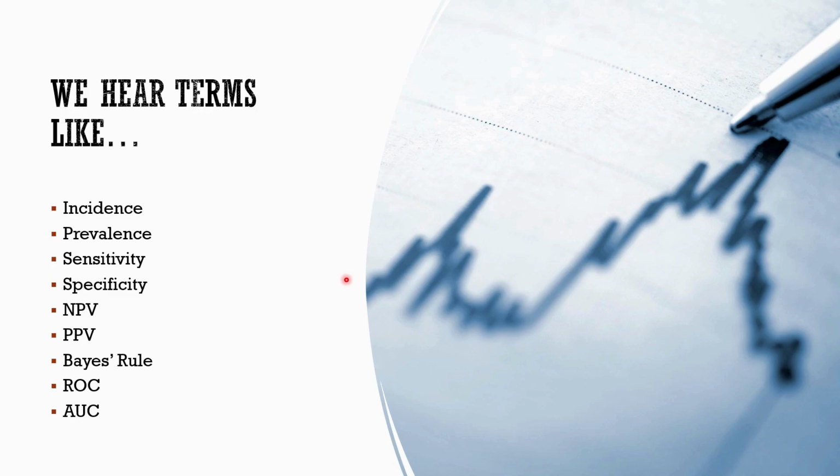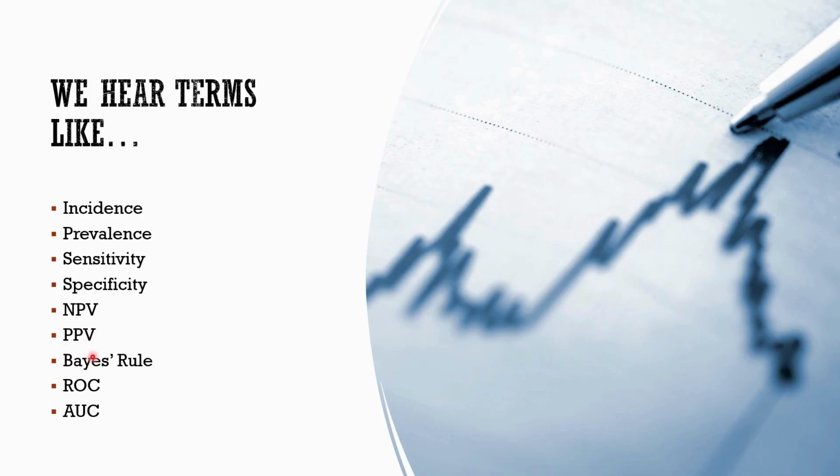Next, we look into the performance characteristics of a test. That's sensitivity and specificity. Sensitivity is the ability of a test to correctly identify those who have the disease, and specificity is the ability to correctly identify those who do not have the disease. From these, we derive two very practical measures, the negative predictive value and the positive predictive value.